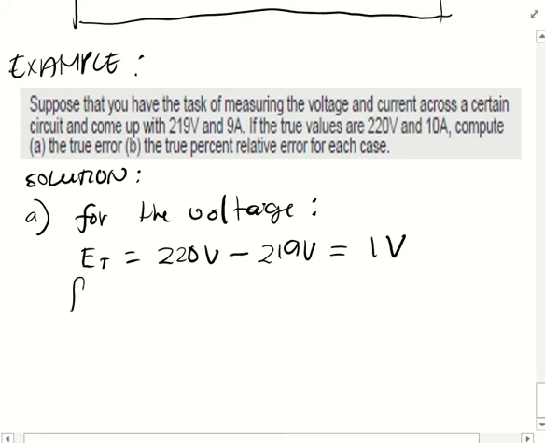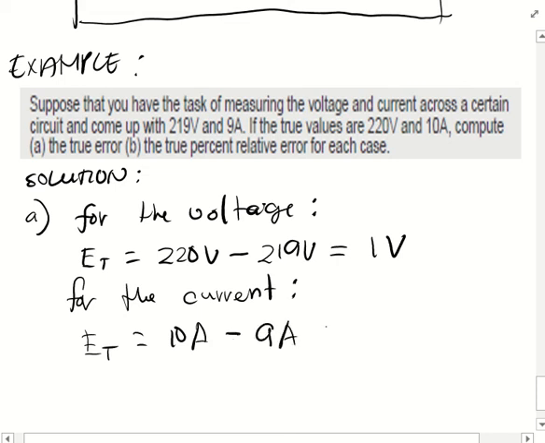And for the current, what is the true error? The true value is 10 amps. Then we need to subtract 9, that's the measured value. So therefore, the true error is also 1, but in terms of amps.